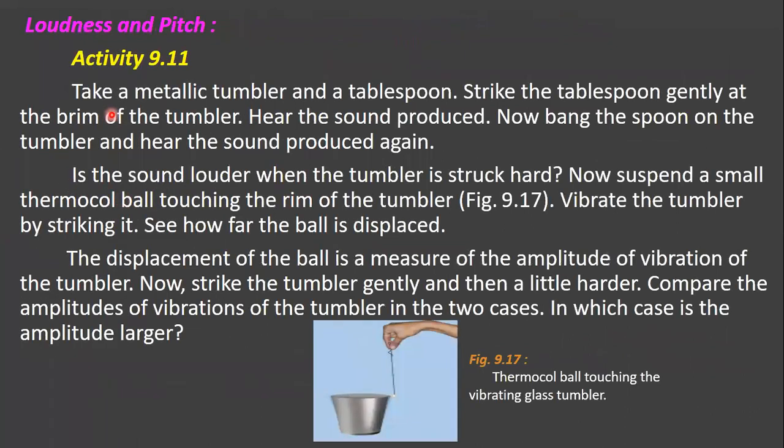Here there is one activity, loudness and pitch. You have to take a metallic tumbler, as shown in the figure here, and a tablespoon, and strike the tablespoon gently at the brim of the tumbler.